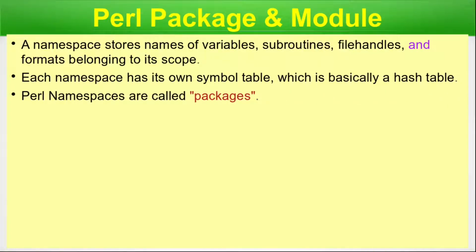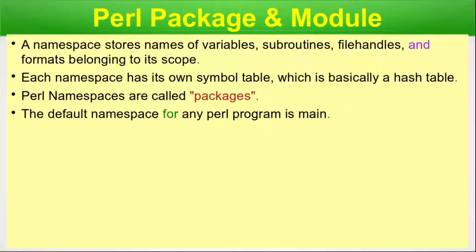In Perl, packages are actually the namespaces. The default namespace of any Perl program is main. We do not write the word main in the Perl program, but it exists, even if we do not explicitly say so.